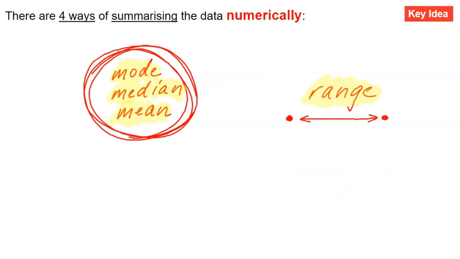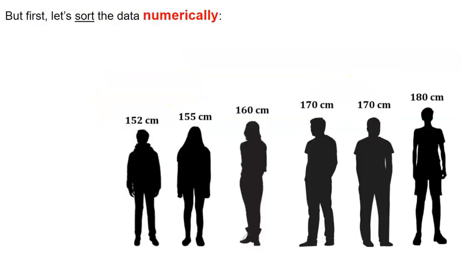First, I'm going to tell you what they are. They're called mode, median, mean, and range. And now I'll teach you what each one is for. Back to our set of numbers. But first, I'm going to sort the data numerically. See what I've done? That's going to help you understand the statistics.